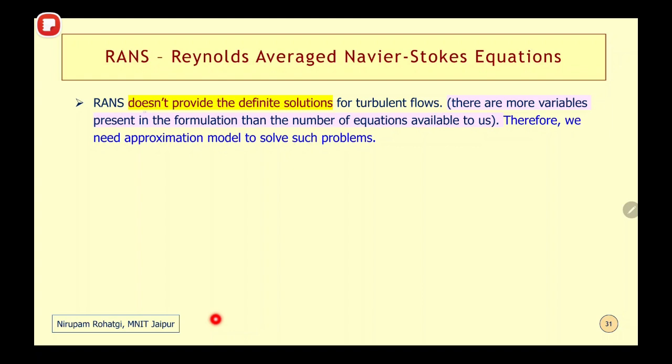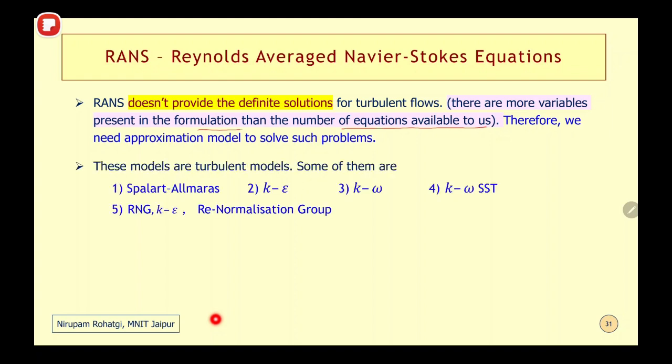That RANS, Reynolds-averaged Navier-Stokes equation, does not provide a definite solution for turbulent flow. There are more variables present in the formulation than the number of equations available to us. Therefore, we need an approximation model to solve such problems. Now we go for approximation. Right? So you understand why this need has come.